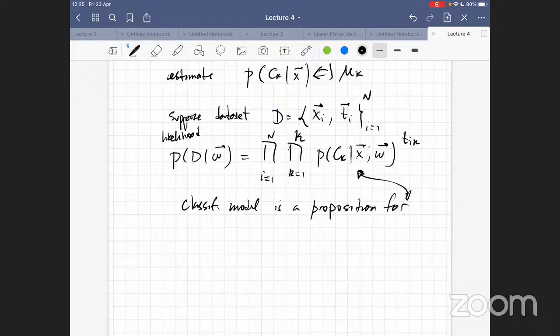Okay, so these probabilistic approaches were divided, as I showed you before, into two types of models.